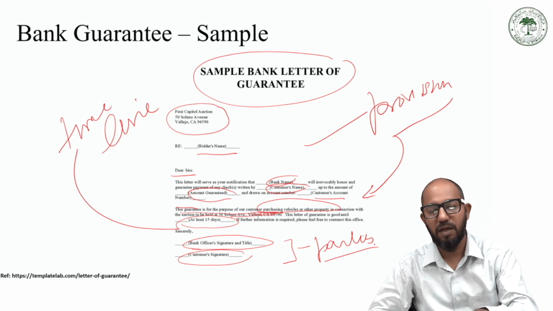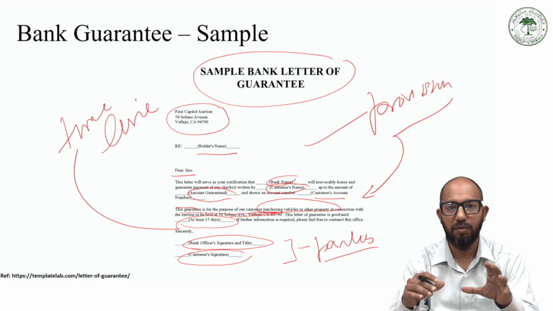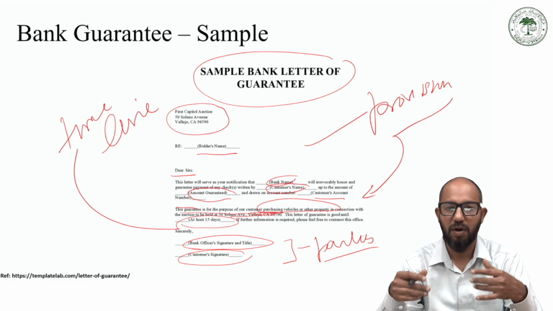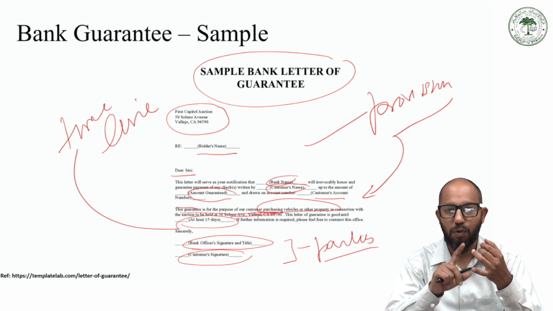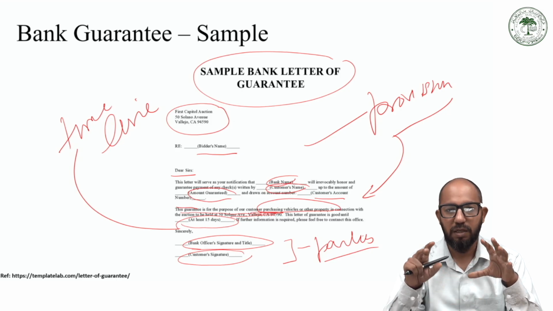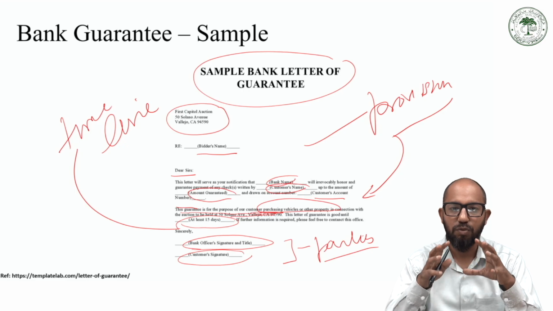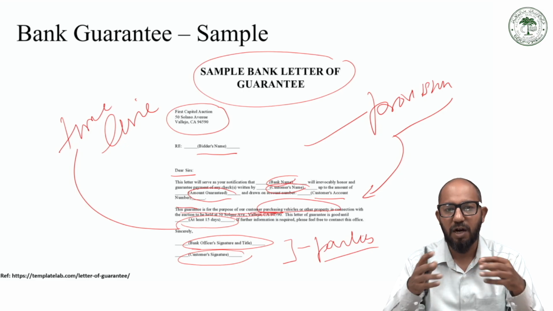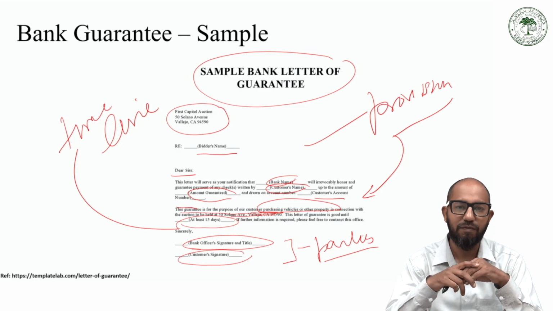So we can see that this is a sample document of the letter of guarantee, and it includes the information which is required, like the amount, the nature of the activity, and all other relevant things. Both the parties involved complete it, and they start relying on this letter because there is a specific guarantee of the payment.